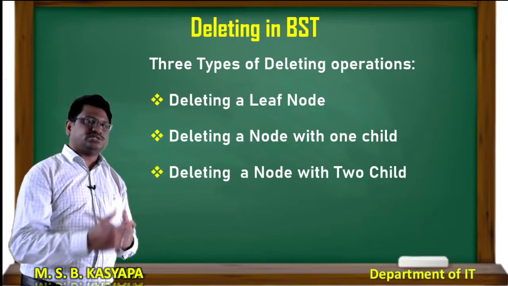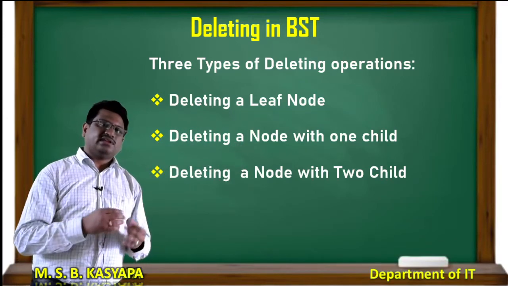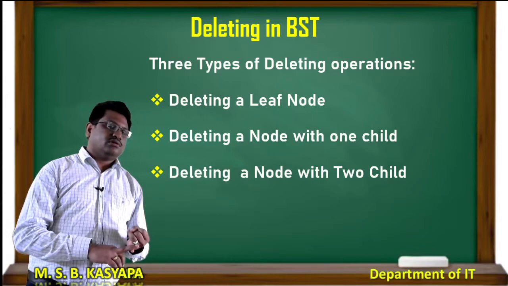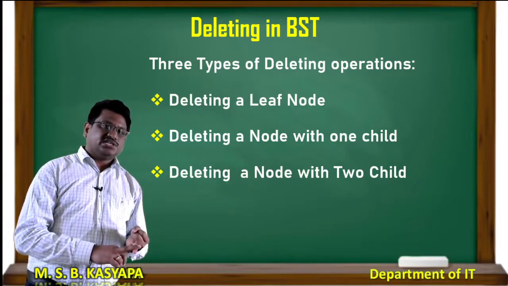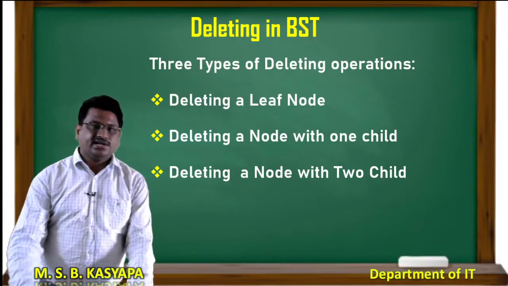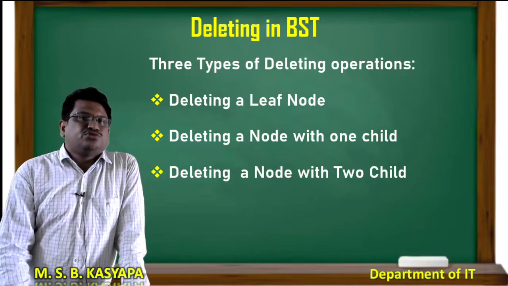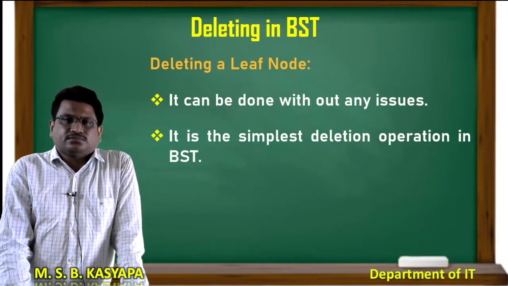In the same way, the deletion is also segregated into 3 ways, whether I am deleting a leaf node, a node which contains a single child, or a node which contains 2 children. Let us move to deleting a leaf node.